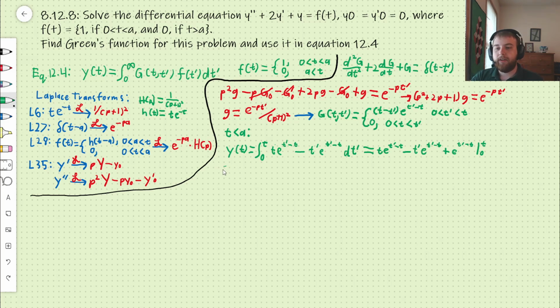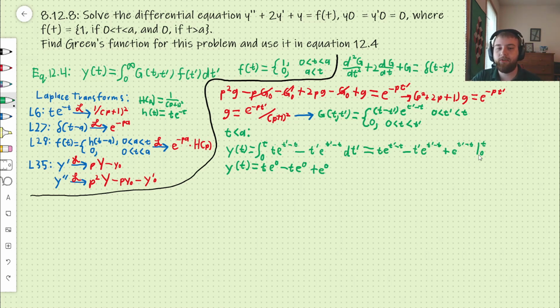So I'm going to rewrite this. When our t prime is equal to t, the exponents are 0, so we have t e to the 0 minus t e to the 0 plus e to the 0.